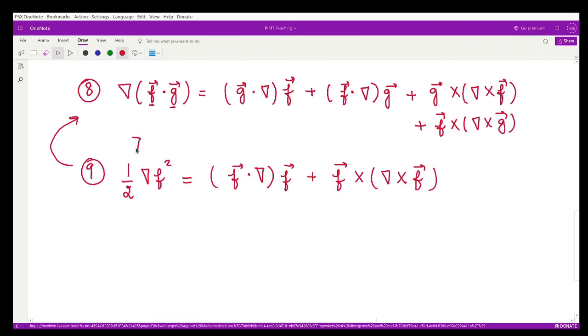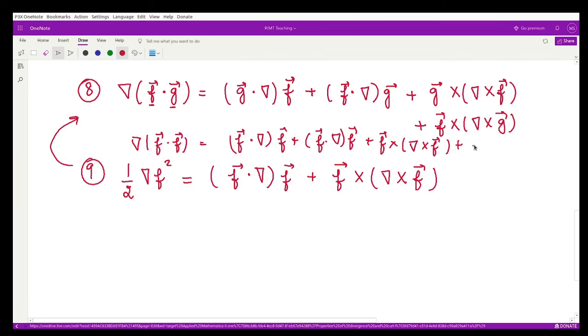So that means we are doing this del f dot f vector. So here it would be f vector dot del f vector, plus f vector dot del f vector, so it becomes 2 times. And here also we have vector f cross the curl of vector f, plus vector f cross the curl of vector f. So everything becomes 2 times. So we have half of del f square equal to this quantity. So this is our ninth property.